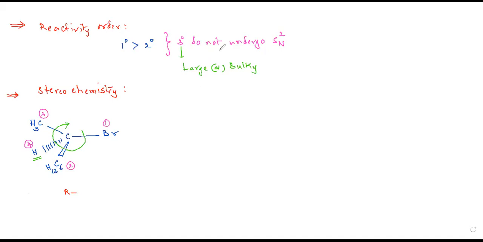Going in clockwise direction, and the least priority group is with a dash. Take as it is. Now, when this is attacked by a nucleophile, okay, immediately this one goes off. The rate determining step or the slow step will of course get a transition state.